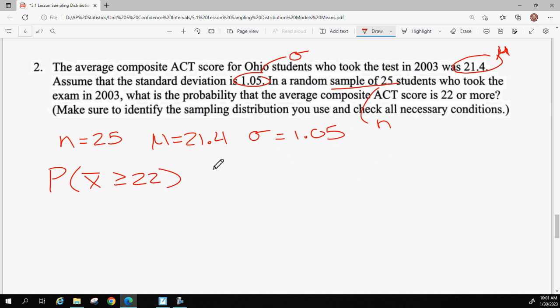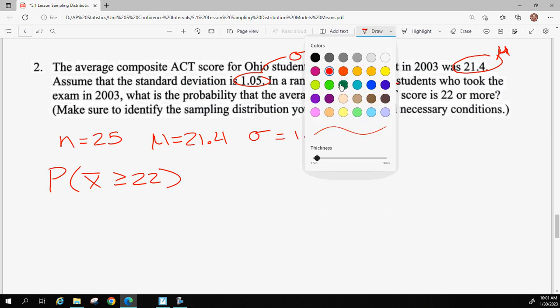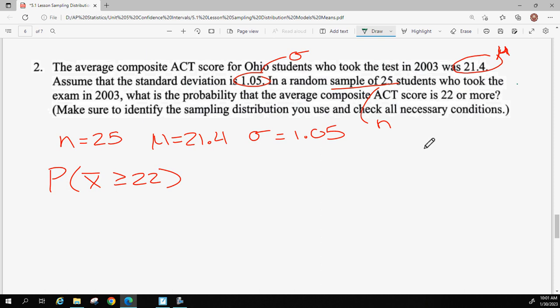And so let's check our conditions that we talked about before. And for time's sake, in this lesson, I will sort of shorthand this, but I will go over and over again. You should write these things out completely. So we are looking for randomness, we are looking for independence, and we are looking to make sure that the normal model is appropriate.